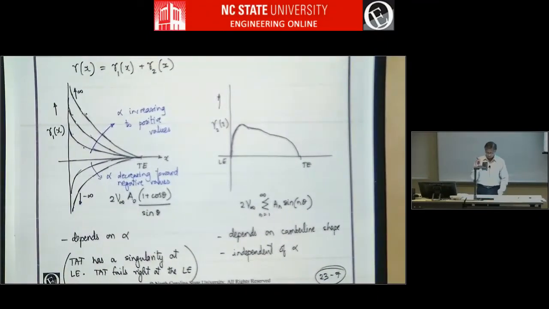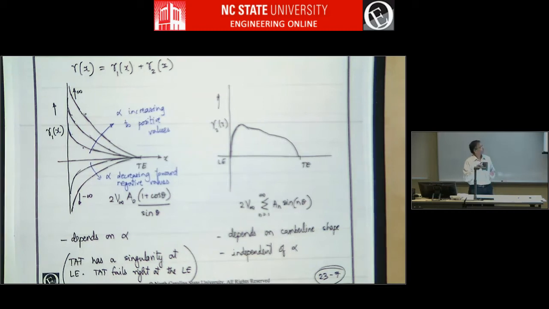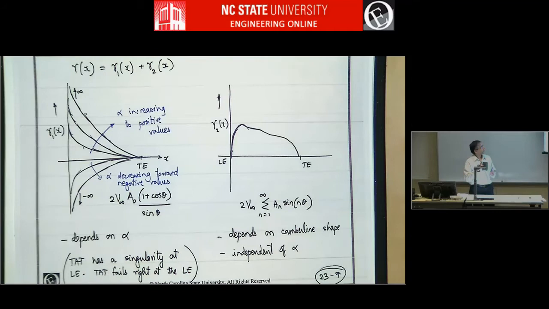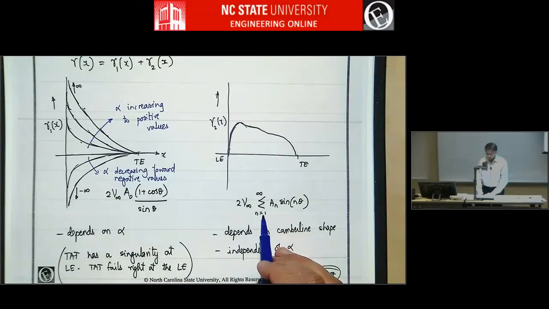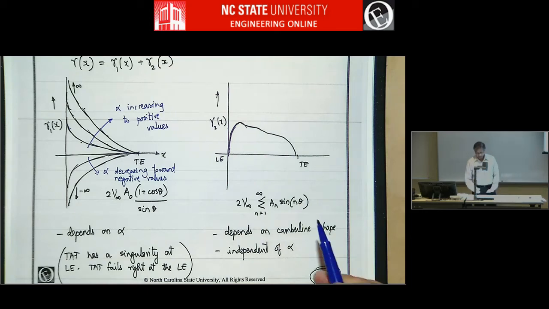The gamma 2 depends only on camber. This is that Fourier series, 2 V infinity summation n equals 1 to infinity A n sine n theta.